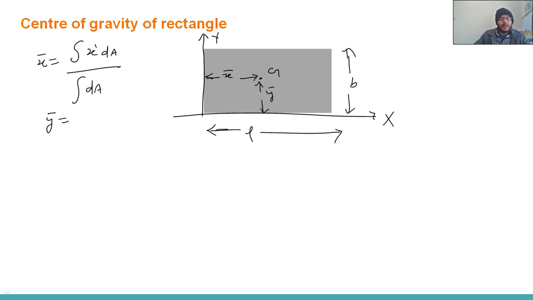Similarly for y bar, integration of y dash dA divided by integration of dA. Now from this figure, we have to take one small segment. So I'm taking a small segment somewhere here.